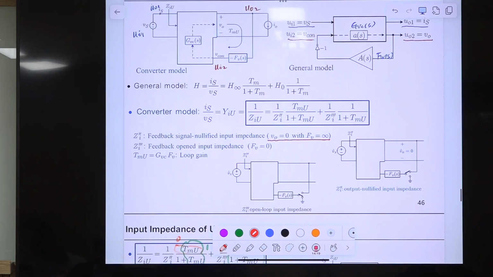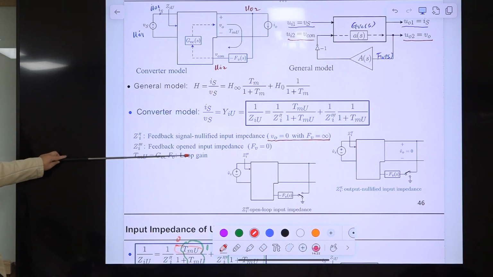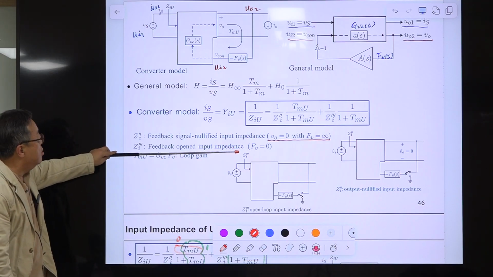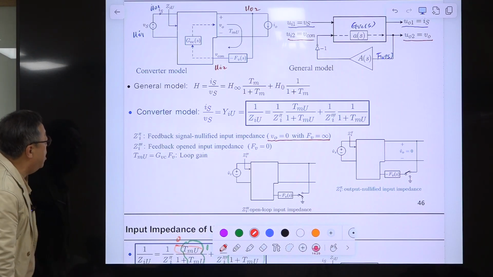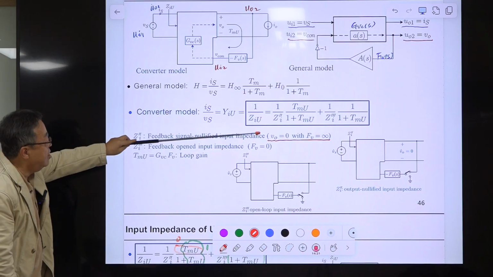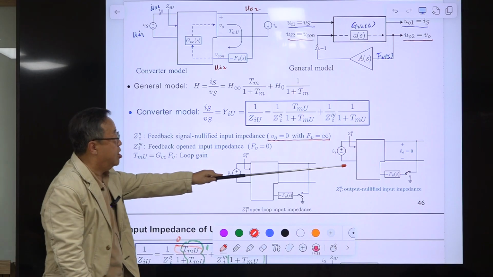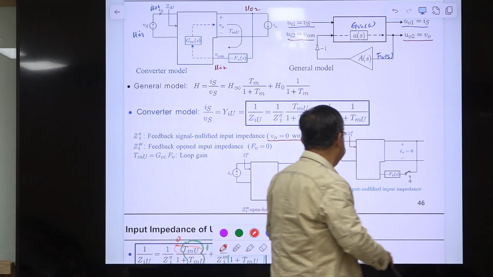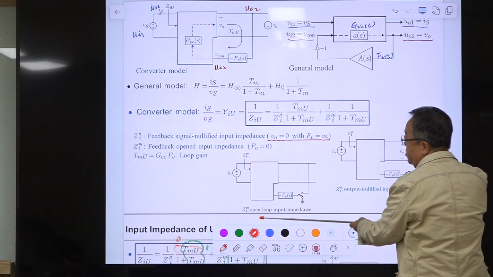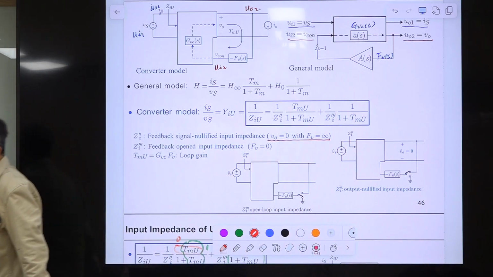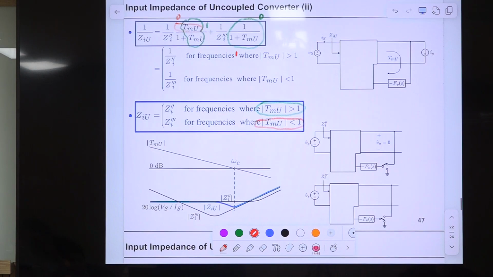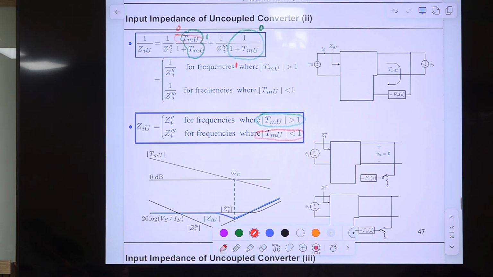And this is the feedback open input impedance, so open loop input impedance with FB being 0. This is the loop gain, and this is the graphical illustration of the output nullified input impedance, and this is the open loop input impedance. This is the final punchline of everything.